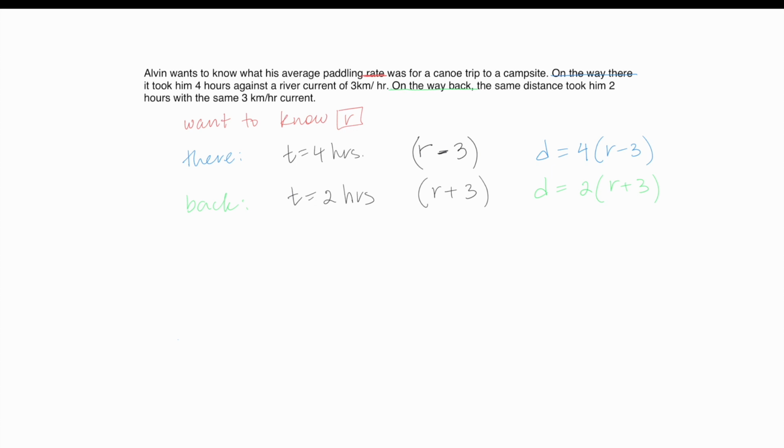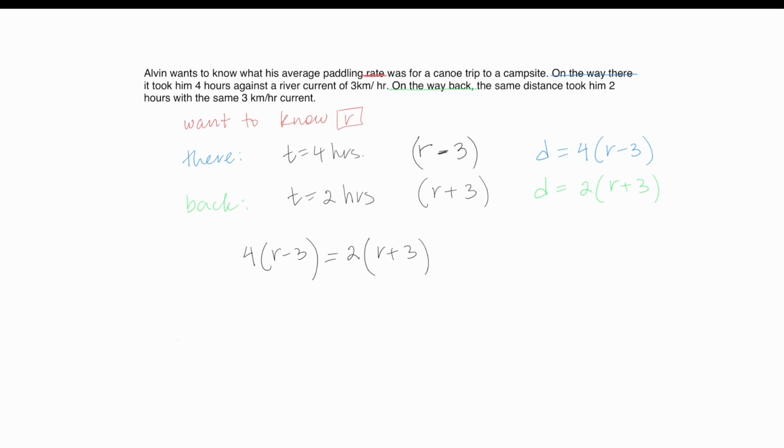These two distances, D and D, were the same, which means the distance on the way there is exactly the same as the distance on the way back. So I'm going to take the distance on the way there, 4 times r minus 3, and make it equal to the distance on the way back, 2 times r plus 3.